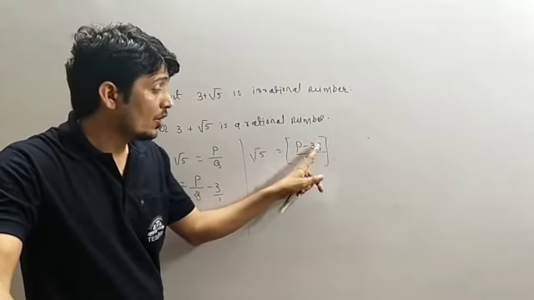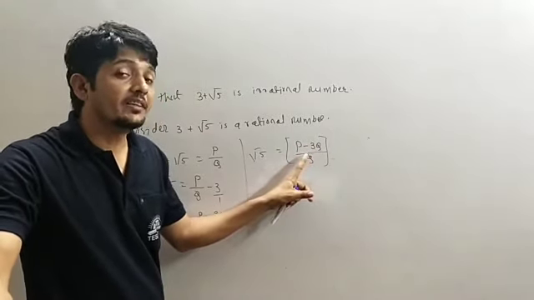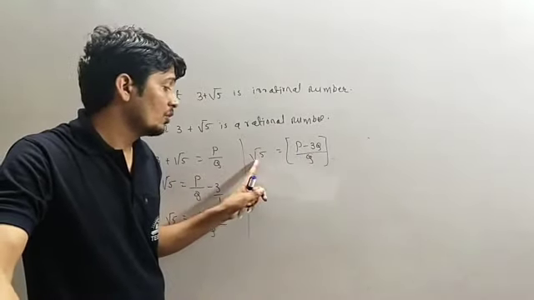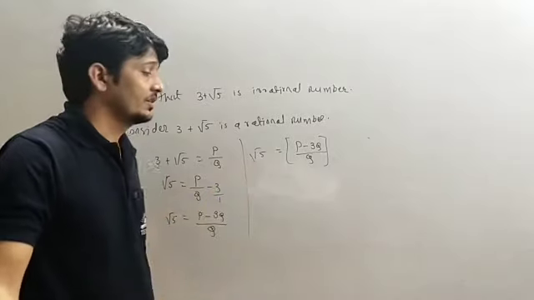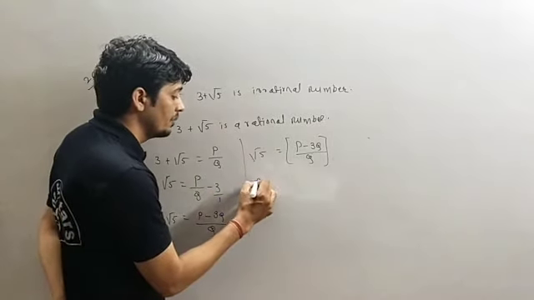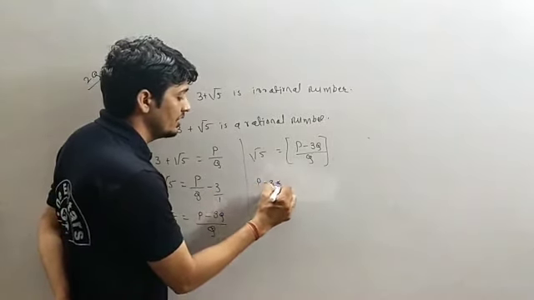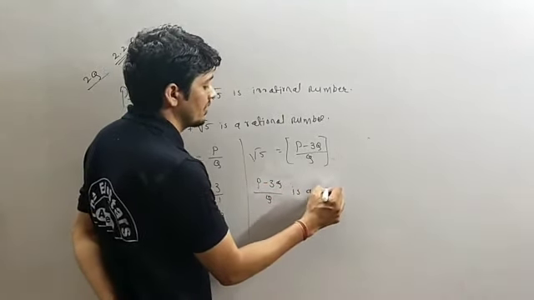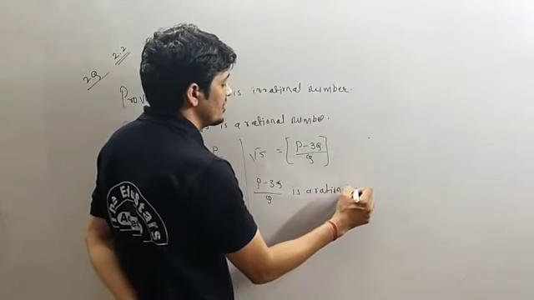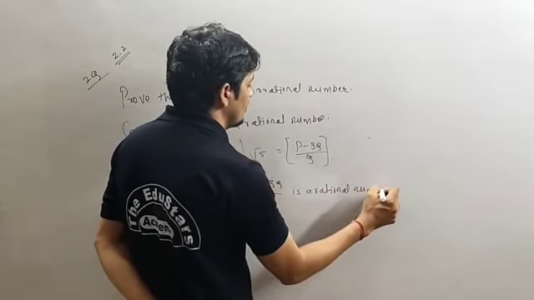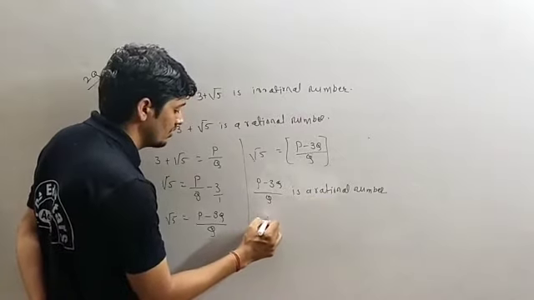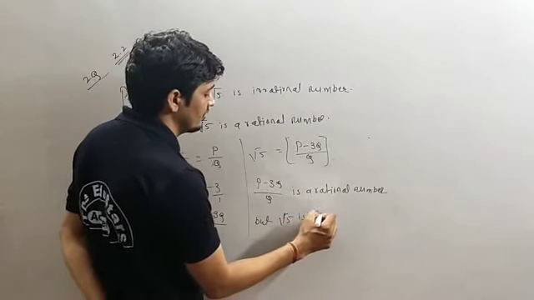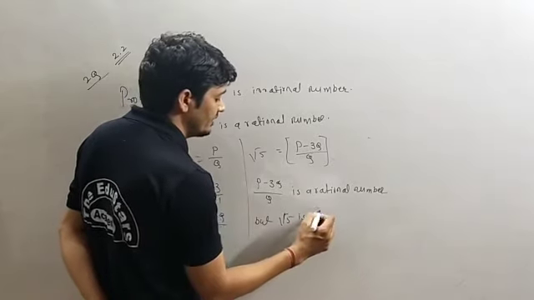If p and q are not 0, then we will say it is a rational number. But root 5 is not rational. So we can write that p minus 3q divided by q is a rational number, but this root 5 is not a rational number, it is an irrational number.